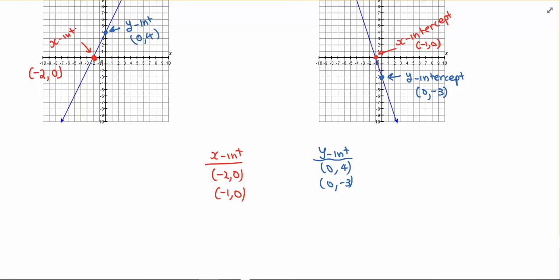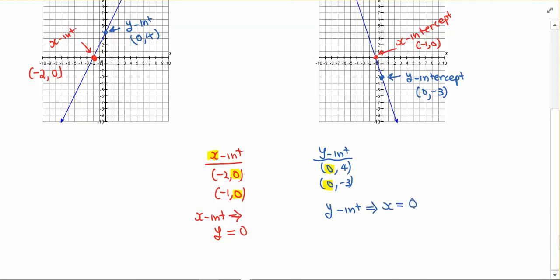When you're trying to find the x-intercept, you notice that the y value is 0. So x-intercept implies that y is equal to 0. And likewise, on the y-intercept, the x value is 0.